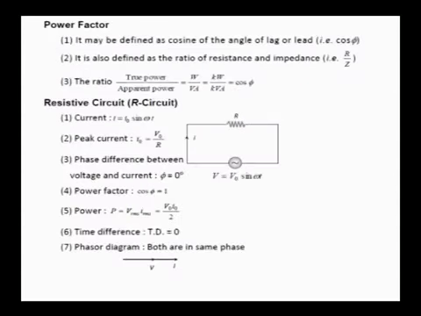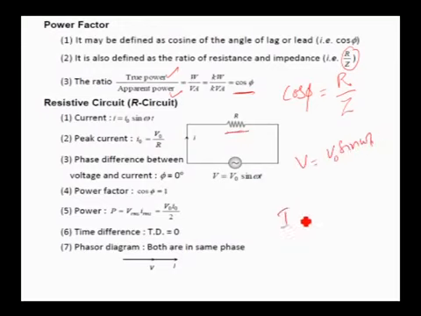Now power factor. Power factor is normally given by true power by apparent power. It is indicated by cos phi, and normally power factor is the ratio of the resistance to the impedance, that is R by Z. Now let us take a simple case, a resistor connected to an AC source. When a resistor is connected to an AC source, the applied voltage is V is equal to V naught sin omega t. The current through the resistance will be voltage divided by resistance, which is V naught divided by R sin omega t.